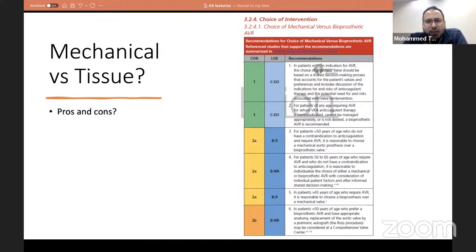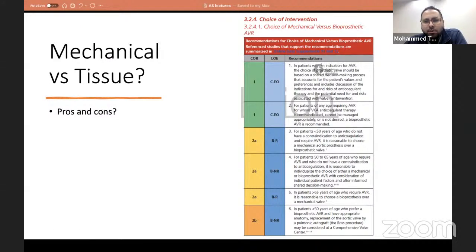Again, this was presented in the previous lecture. It's shared decision-making between the patient and the surgeon. It's very important to rule out any contraindications for blood thinners. Then if the patient is less than 50, class 2A, go with the mechanical prosthesis; more than 65, more into the bioprosthesis.